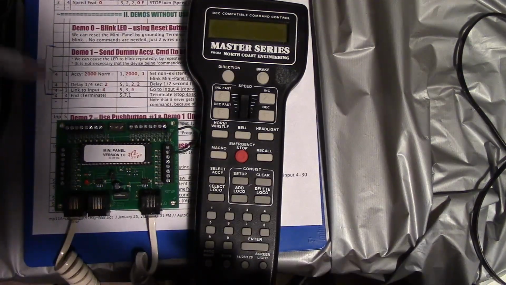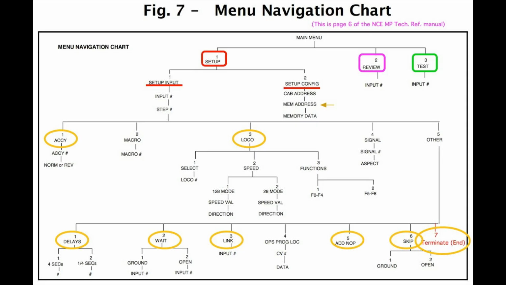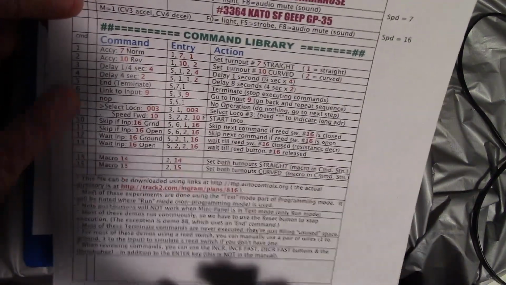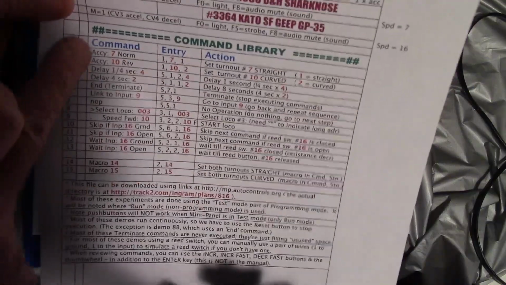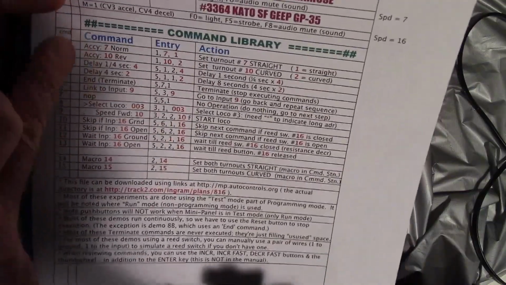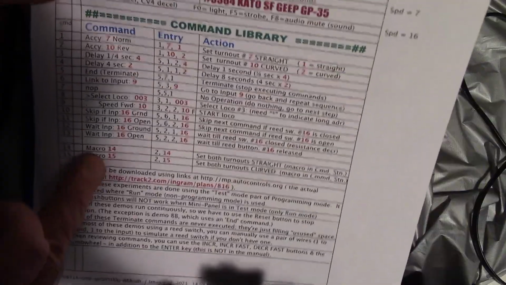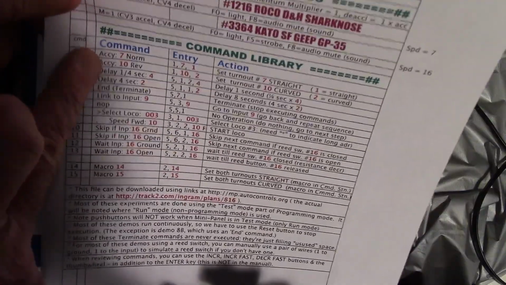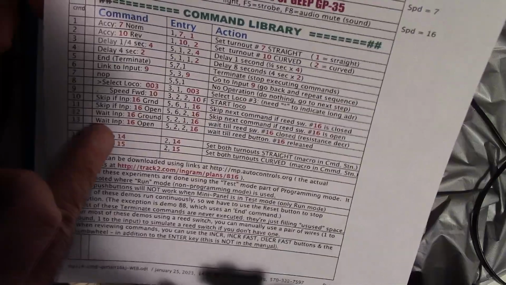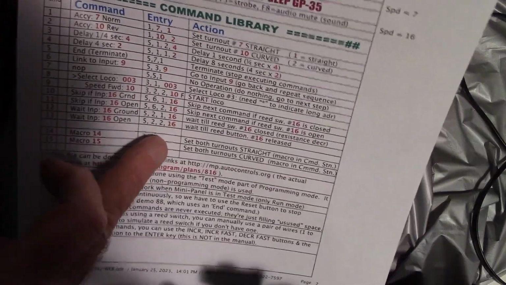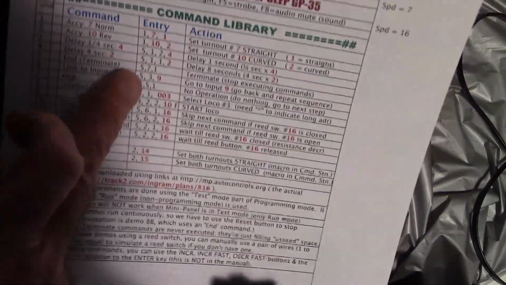So, these commands: there's actually a tree of commands that NCE gives you in the technical reference manual, but I found it easier to make a cheat sheet. That's what this is right here. I borrowed this idea from the late Fred Cupp, who trained me how to use the Mini-Panel. We put the commands we commonly use, and what changes is in red, and the other part stays the same.